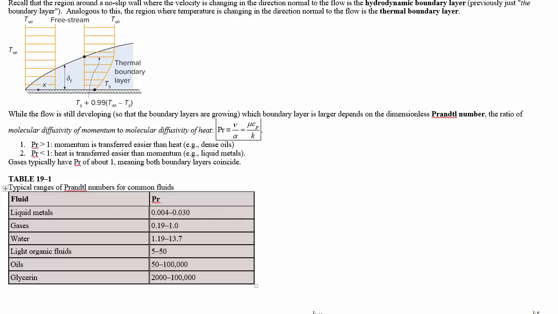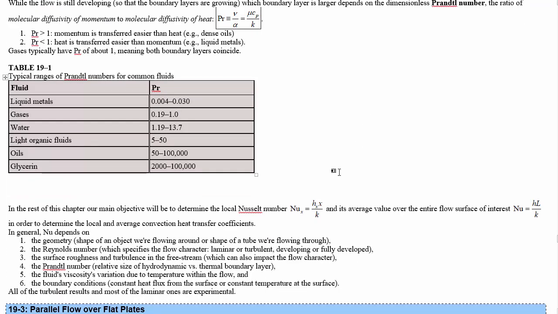Now, most of what we're going to do for the rest of the chapter is going to be determine the Nusselt number. So the Nusselt number, again, is the convection coefficient times a length scale divided by the thermal conductivity.